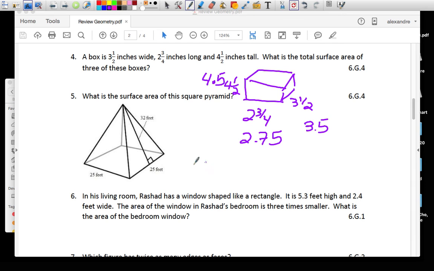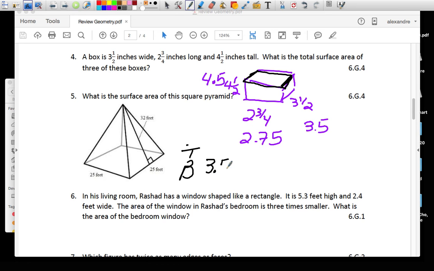Okay, remember that you can break it up into the top part, the front, back, left, and right, and all that stuff. So let's do the top part here. We got top and bottom. The top would be this, which is 3.5, and this is 2.75.